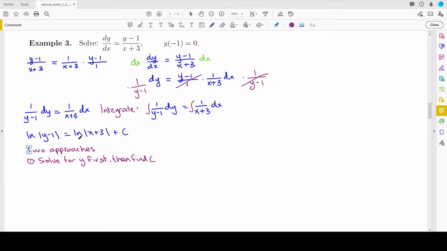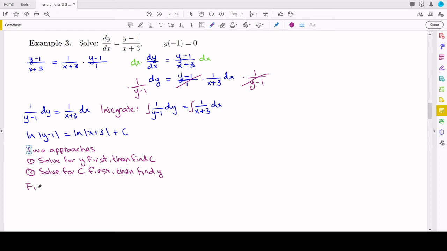The second approach is we're going to solve for c first, get that out of the way, and then find y. I would suggest that you try the first method yourself and see if you can get the same answer, but I will follow the second approach here.